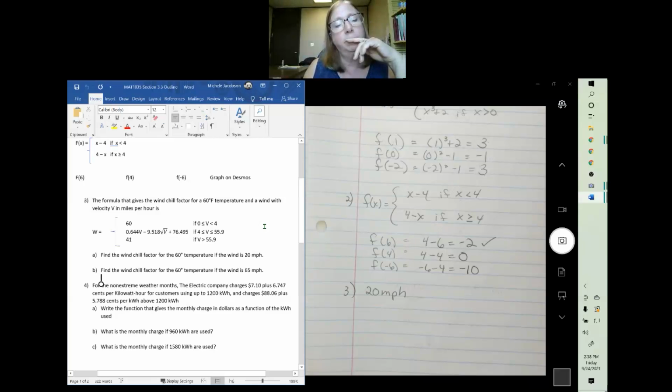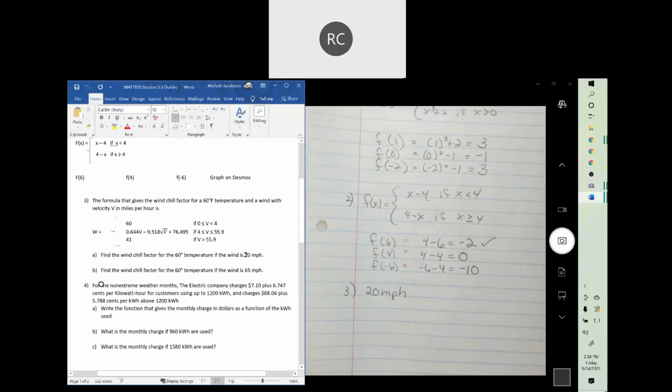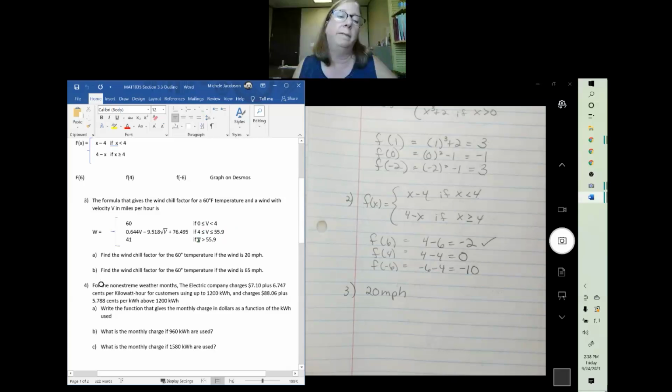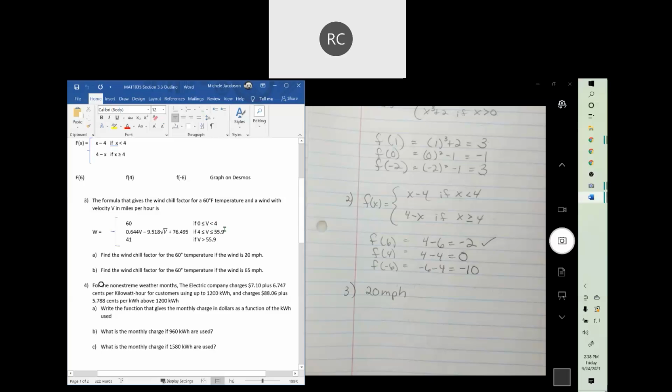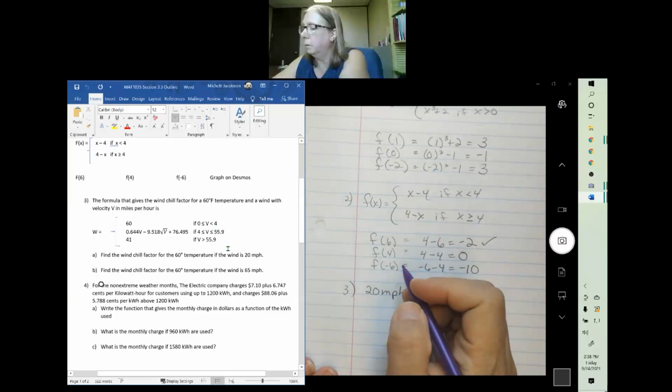Anyone? You want to see which one of these ranges the 20 falls into. Top, middle, or bottom? Middle. It's the middle one because 20 is between 4 and 55.9. So we use the middle.